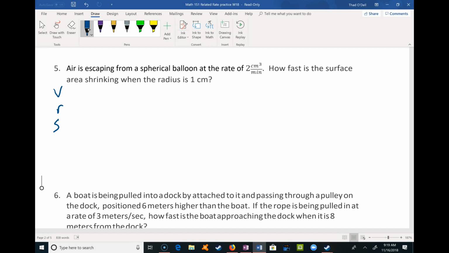Okay, so of those variables, which ones do we care about? And keep in mind that means we have a dV/dt, a dR/dt, and a dS/dt, right? So which ones do we care about?